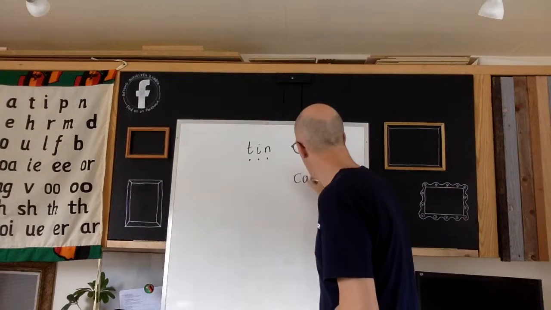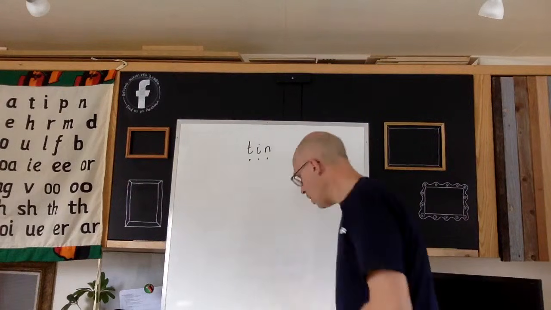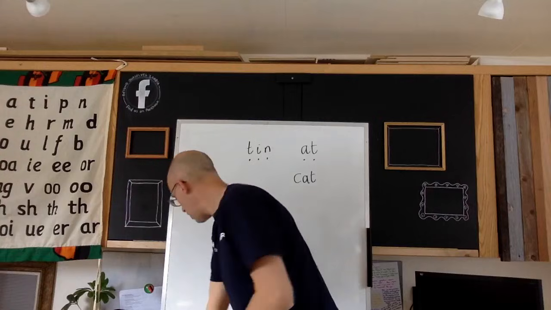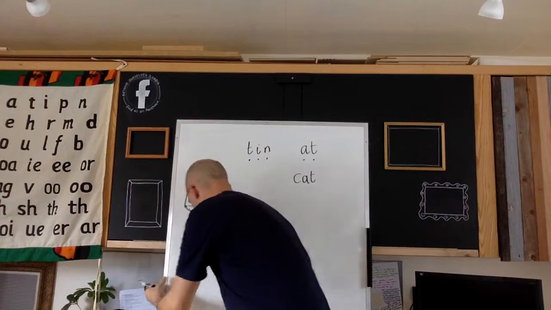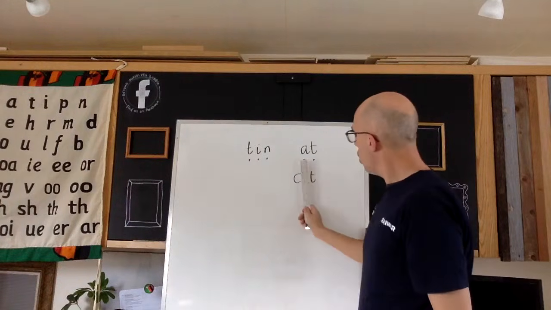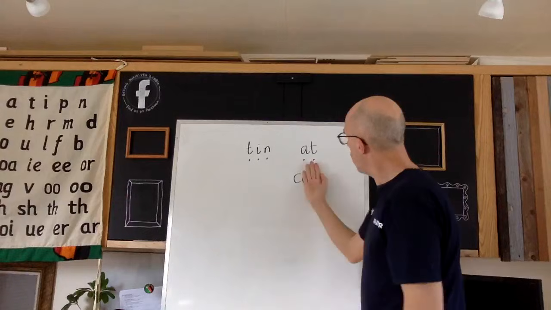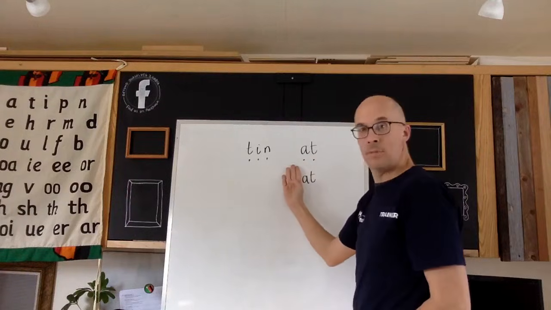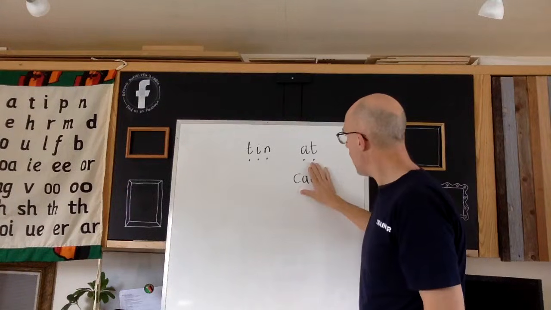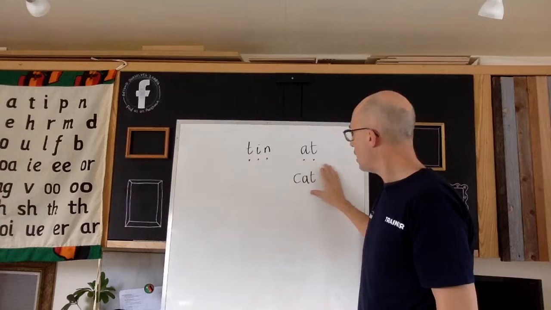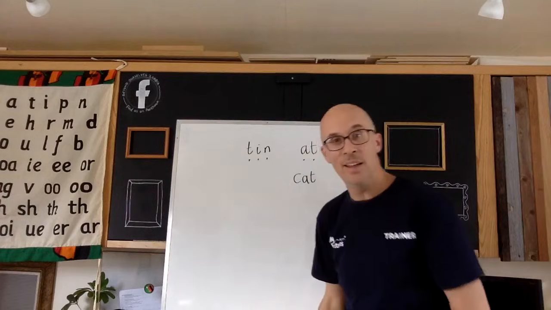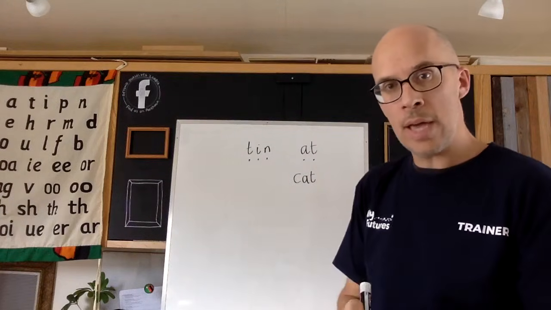So again, let me write this, because you can split that word in different places. So I could go c, at, or I could go ca, t, cat, and see if they can hear the words as well. Okay, does that make sense?